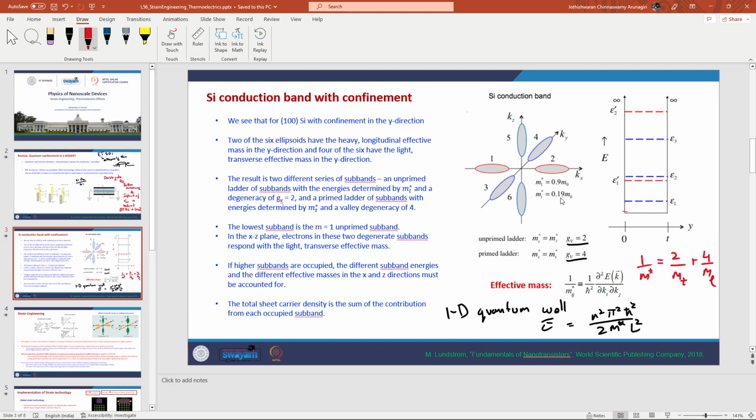As you can see here, this is around 8 times m_L. So you can see that this reciprocal quantity will become larger. And because of that, 1 over m star total will become larger, which implies the actual effective mass will come down, because we are taking the reciprocal of this whole expression.